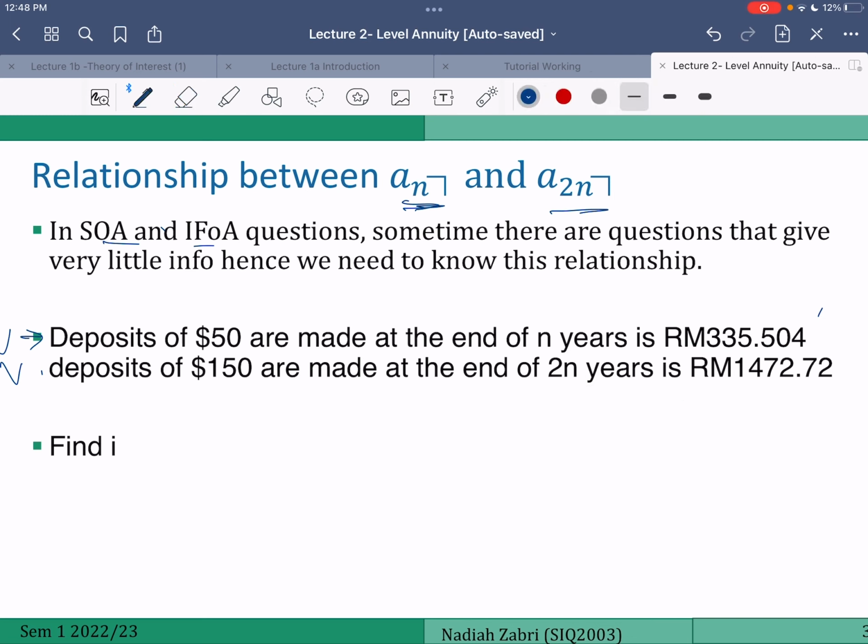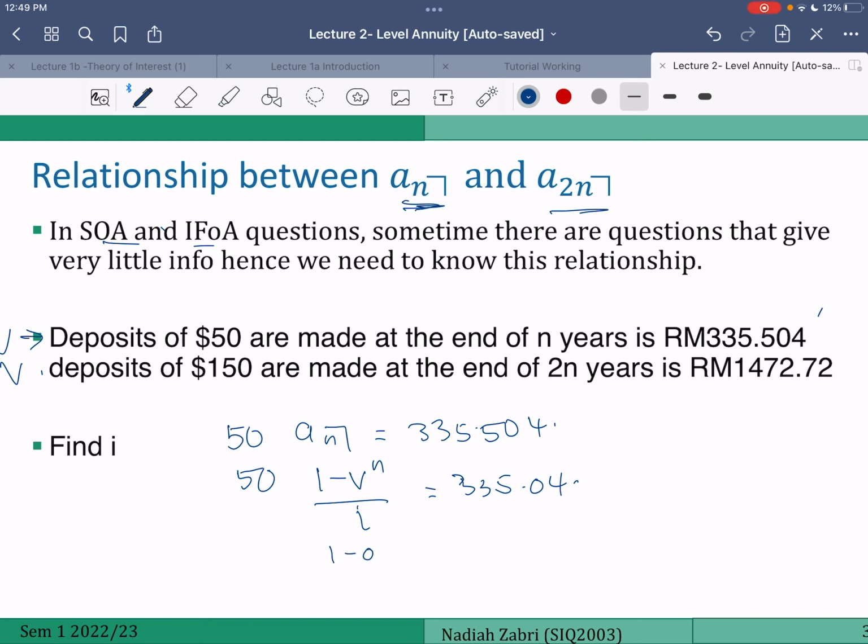Okay, so now you know 50 times A angle N is equal to 335.5404, and A angle N is 1 minus V to the power of N over I. So you know V to the power of N is equal to 0.463.